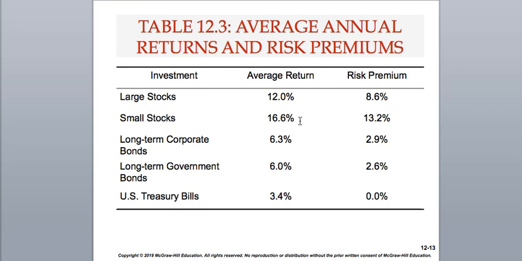Small stocks, the risk premium would be 16.6% minus 3.4%, which would be equal to 13.2%. For long-term corporate bonds, 6.3% minus 3.4%, and you see 2.9%, and so on. So anything over the risk-free rate is called your risk premium.